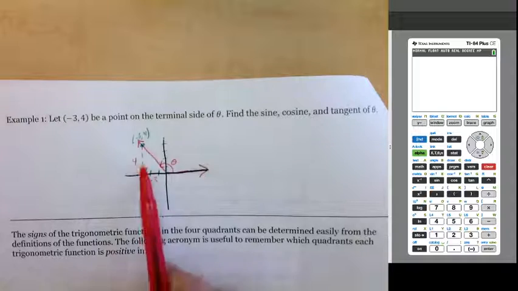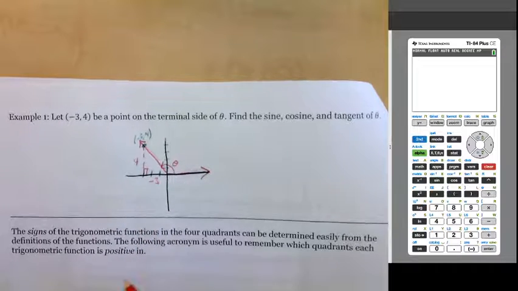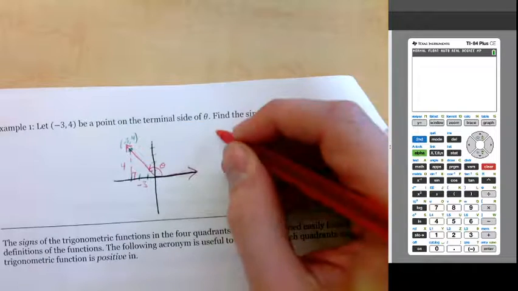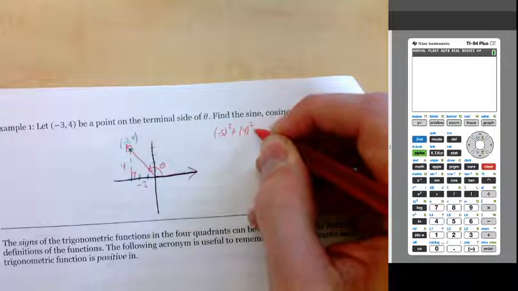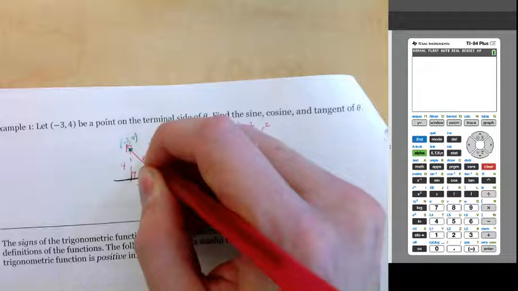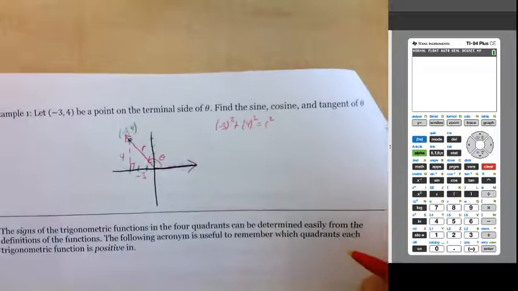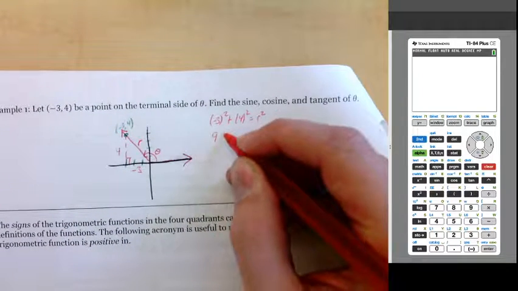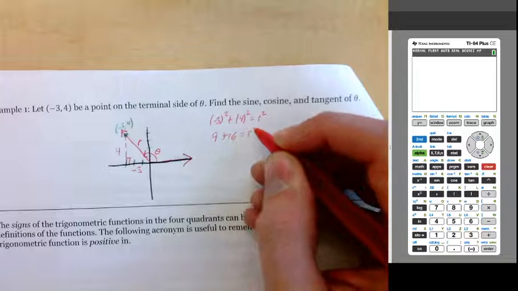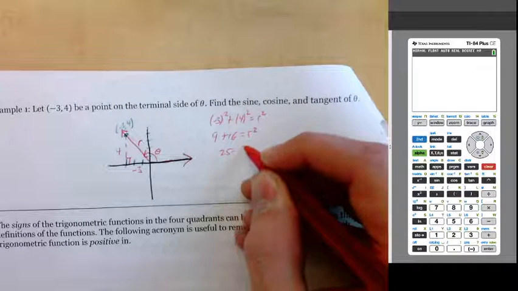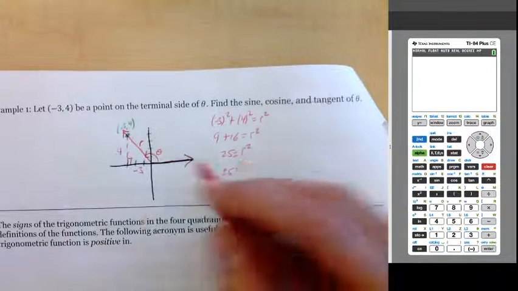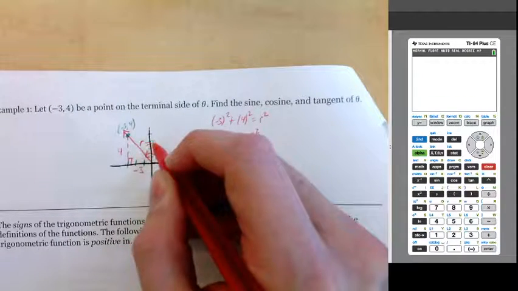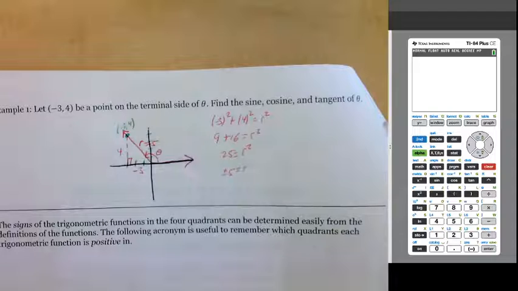Notice this is a right triangle that's created, and we can use the Pythagorean theorem to find that r value: negative 3 squared plus 4 squared equals r squared. I'm going to put r in my picture right here. Negative 3 squared is 9, 4 squared is 16, so 25 equals r squared. Therefore, plus or minus 5 equals r, and r will always be the positive value, so that's a positive 5.